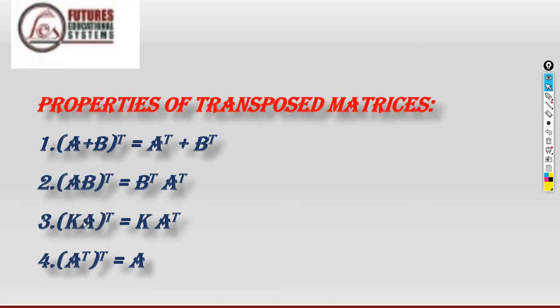If we have any constant k, a constant number, multiplied by any matrix, the transpose of it is k times the transpose of the matrix, and the constant doesn't transpose. The transpose of A transpose gives me the same matrix.